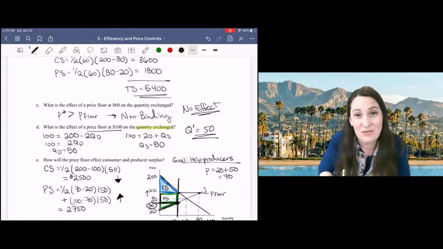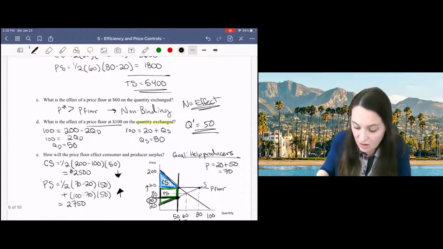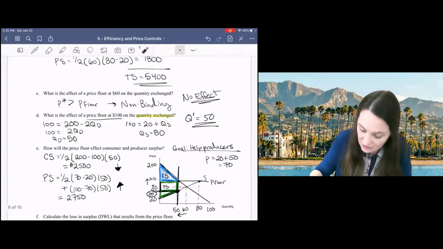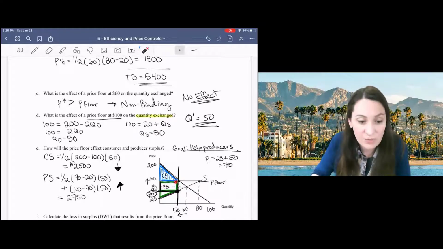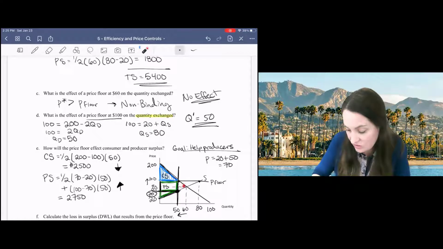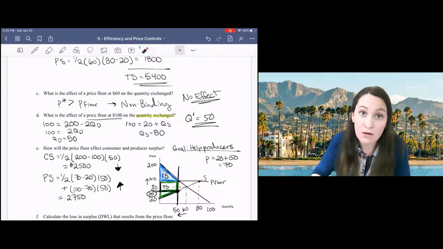But not all producers will benefit, right? So you can see here that each sale gets you a higher price, but there are fewer sales. So some producers may not be able to sell as much or at all due to the impact of the price floor.